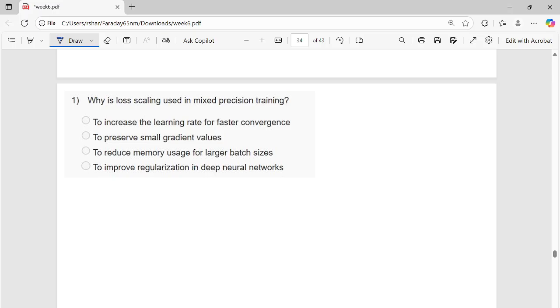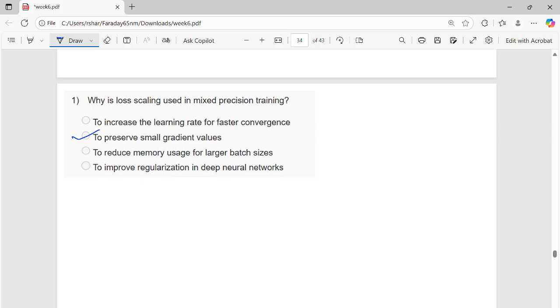We have seen that it is used to preserve small gradient values. In mixed precision training, both 16-bit float16 and 32-bit FP32 floating point types are used to speed up the training and reduce memory usage.